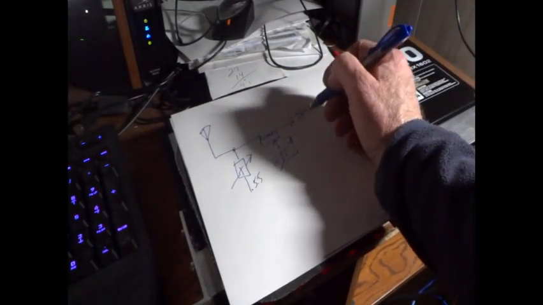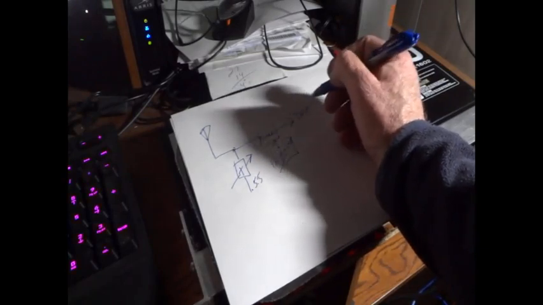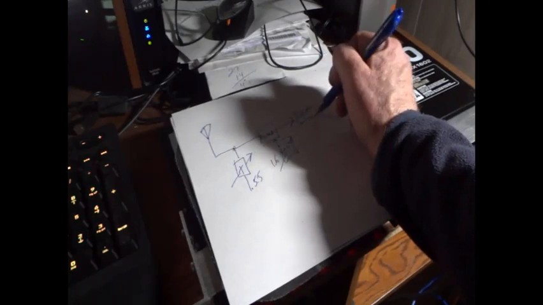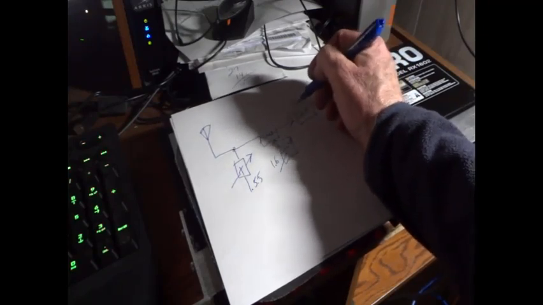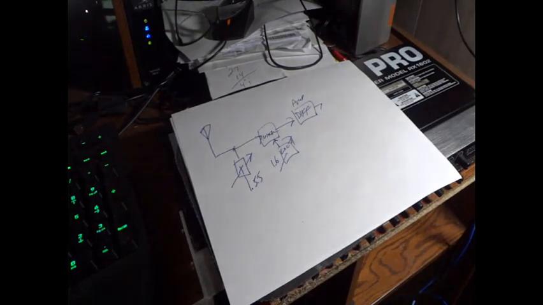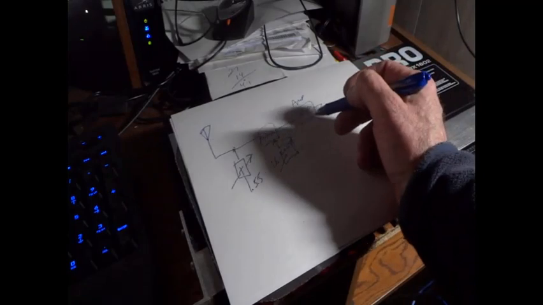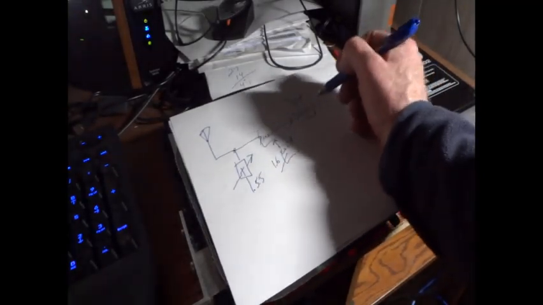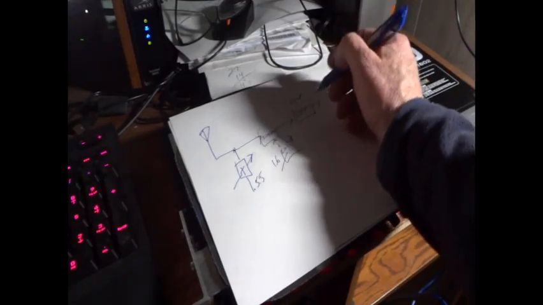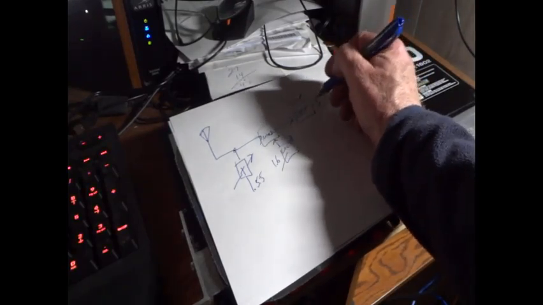The difference frequency is actually called the IF, or intermediate frequency. Then that goes through an amp. It gets amplified a couple of times to make it stronger. Right after the IF stage of amplification, it goes into what's called a detector.